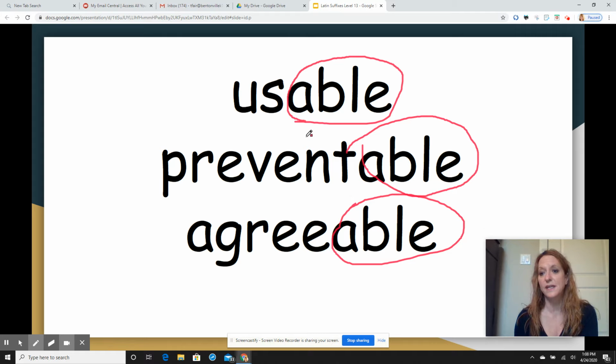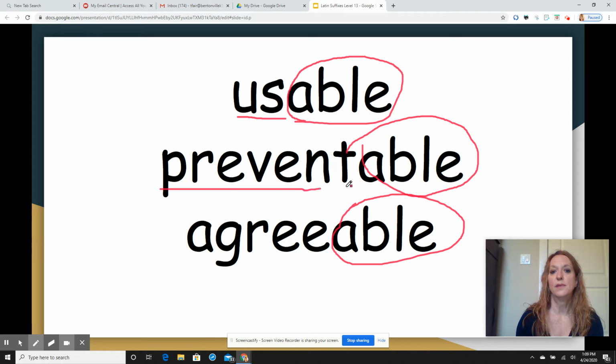Remember, a suffix comes at the end of a word. Okay, this is your base word. Well, in this case, it's not us. It's use, but we had to drop the E because it was silent before we added the suffix. And then preventable. That's prevent. Okay, that's the base word, prevent.